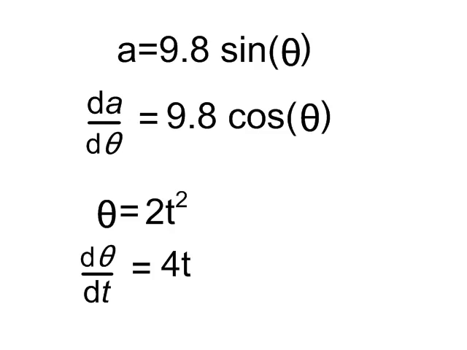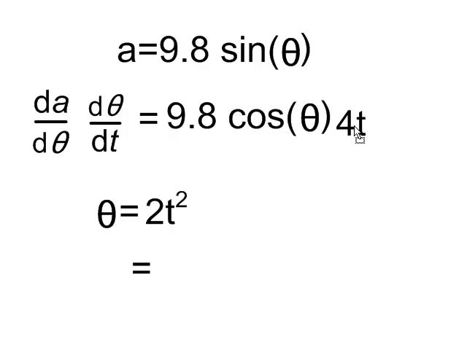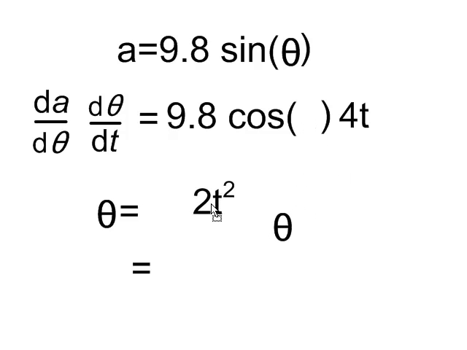And so straightforwardly enough, dA d theta times d theta dt is equal to 9.8 times cosine of theta times d theta dt, which is equal to 4t. And now I'm ready to make my substitution in theta, because I know theta is equal to 2t squared.